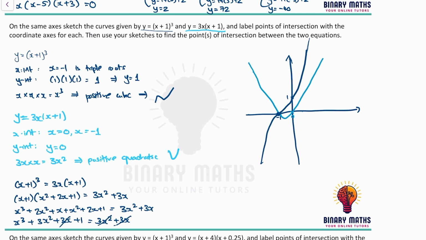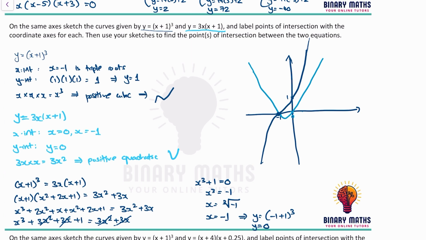I can see I've got these in common on both sides. So I end up getting x cubed plus 1 is equal to 0, which means x cubed is equal to -1, which means x is equal to the cube root of -1, which is -1. If I substitute back into any of the equations, I get y is equal to -1 plus 1 cubed, which means y is equal to 0.